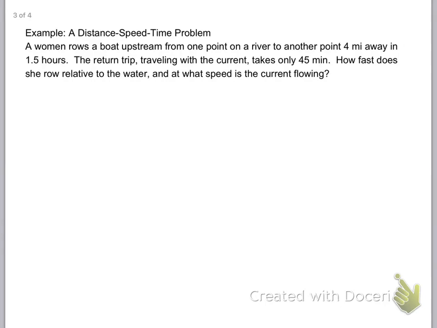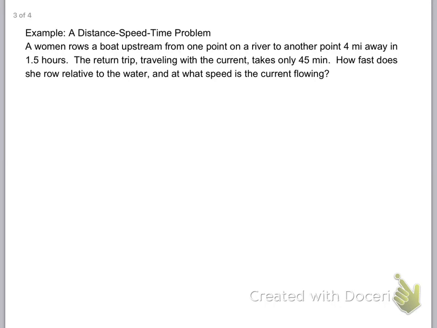Who's got the name for these problems from last year? Distance, speed, time. It was a boat cruise. Boat in the river problem or water problem. I'd rather call it a distance, speed, time problem. And we kind of came up with our own little equations for this.